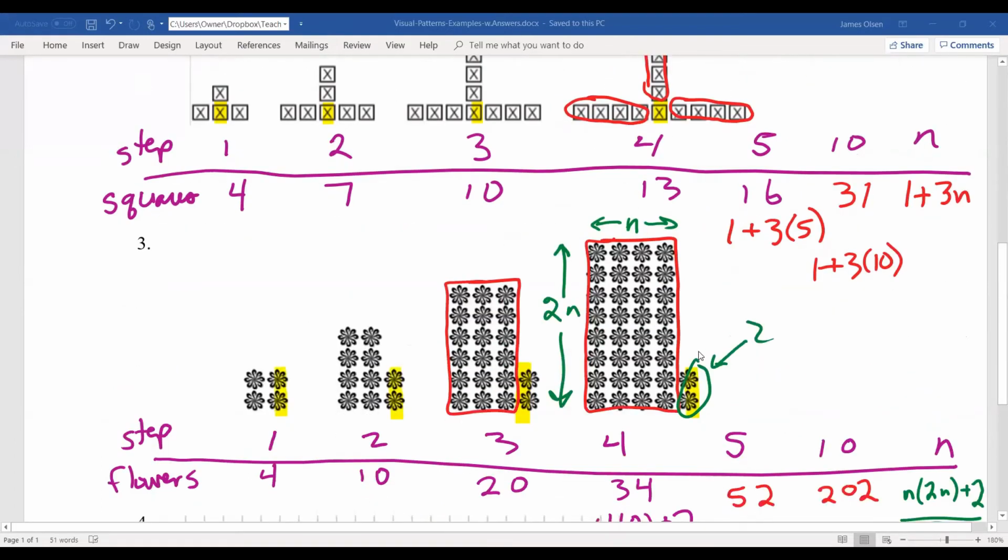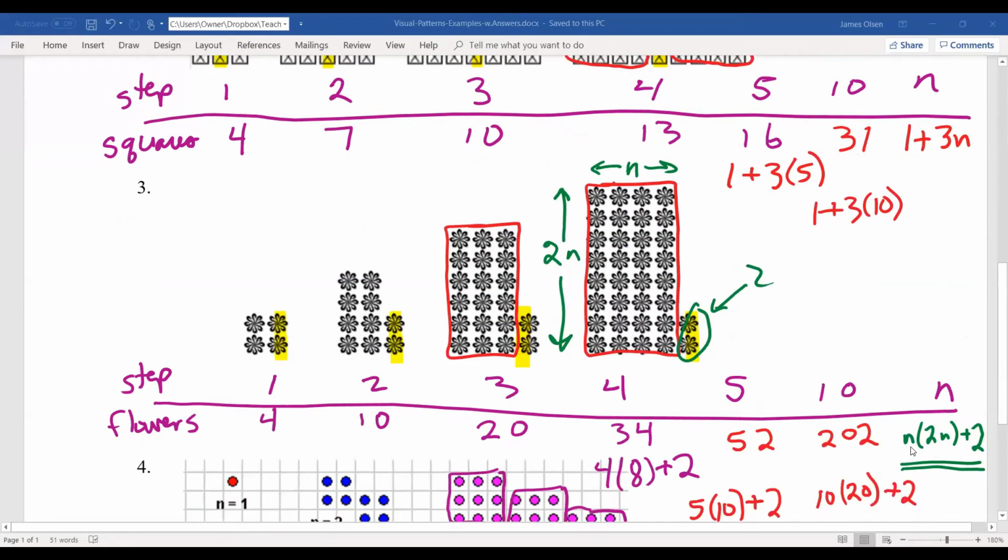In the third example, our formula was n times 2n plus 2. So n times 2n, that's 2n squared. That's my quadratic term because these regions here are getting both wider and taller. I would like to look at this expression just a little bit more.